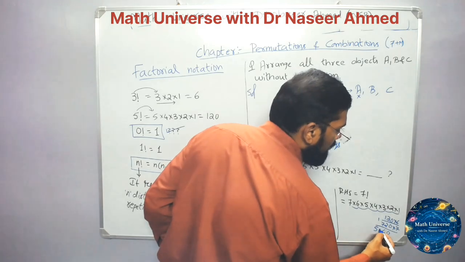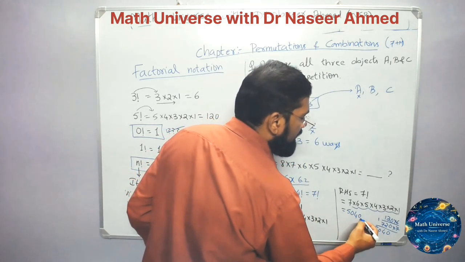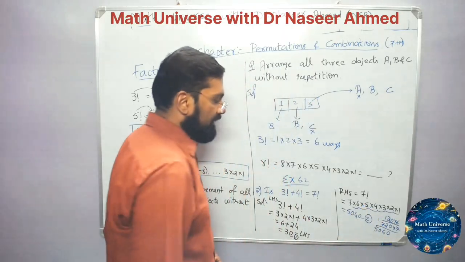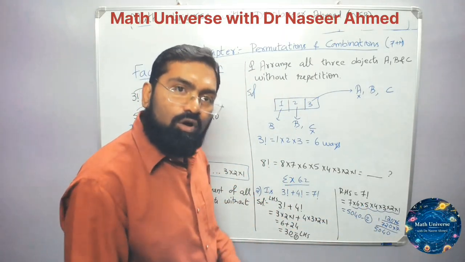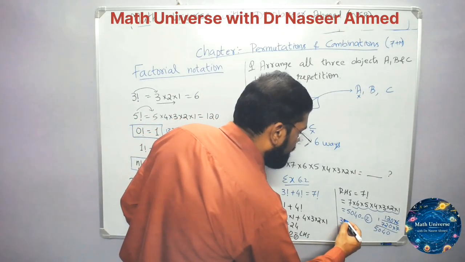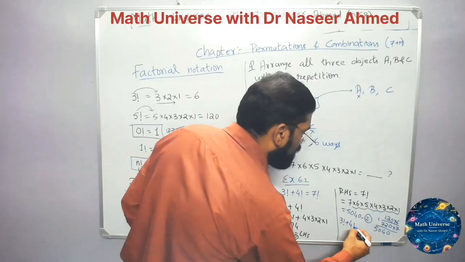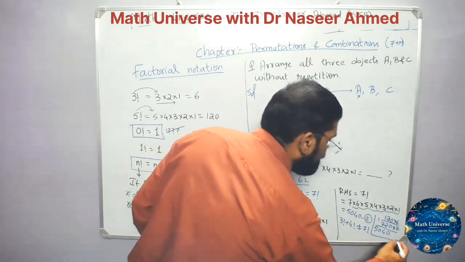Adding, 5040 is equation number 2, the right hand side. Is 30 equal to 5040? No, they are not equal. So I conclude that 3 factorial plus 4 factorial is not equal to 7 factorial.